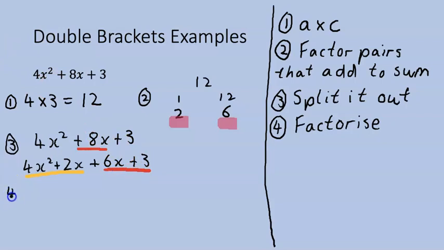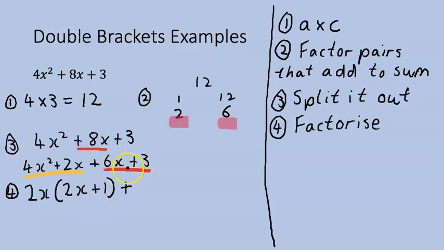So my step 4, if I look at the yellow, 4 and 2 have got a highest common factor of 2. x squared and x have got a highest common factor of x. I open my bracket. 4x squared divided by 2x, that gives me 2x. 2x divided by 2x gives me plus 1. Close bracket. And I'm done with the yellow.